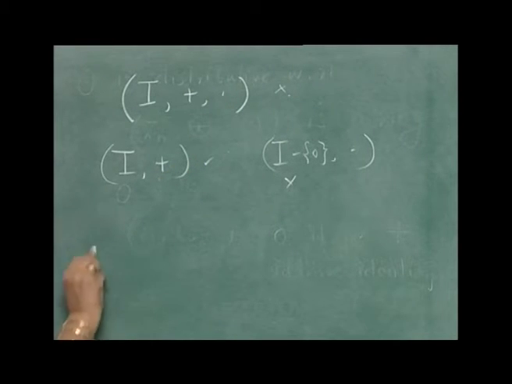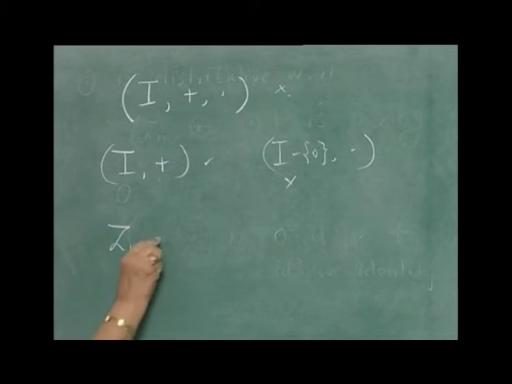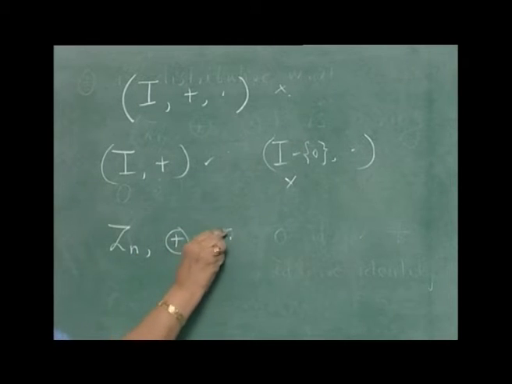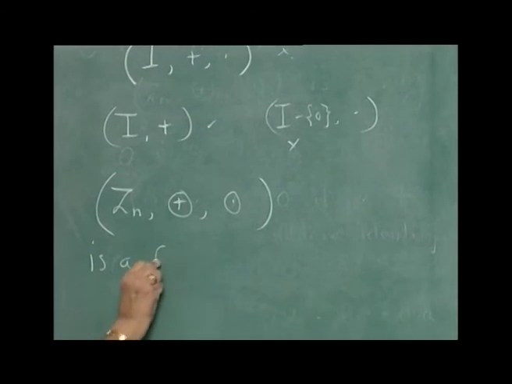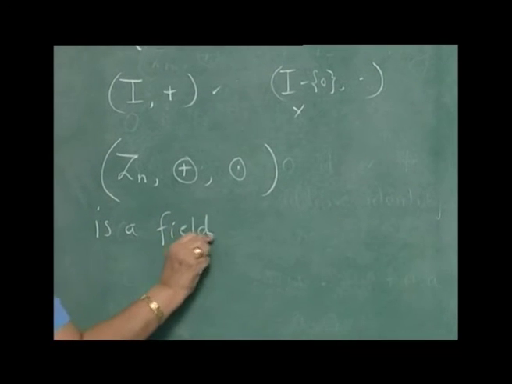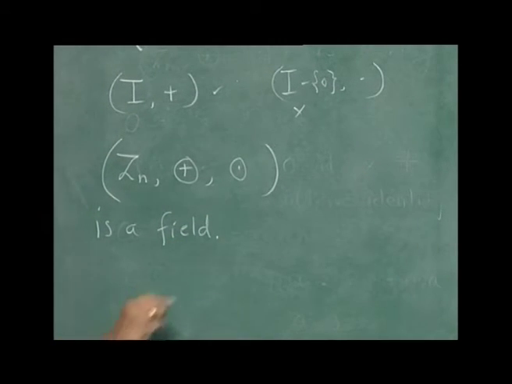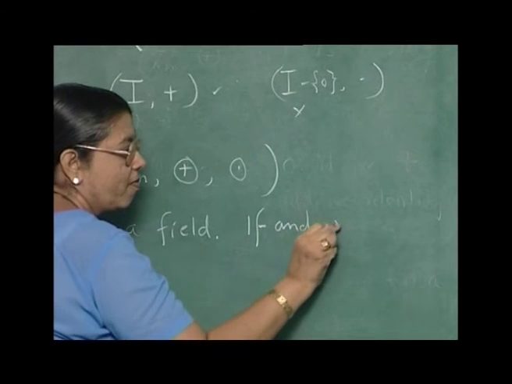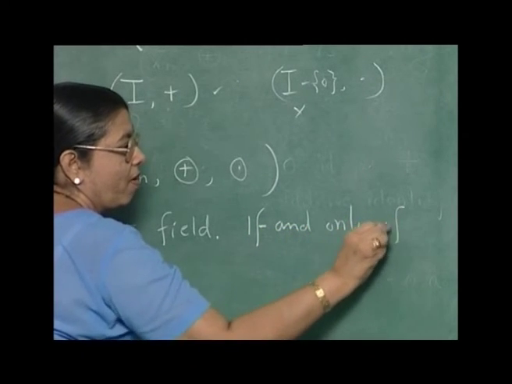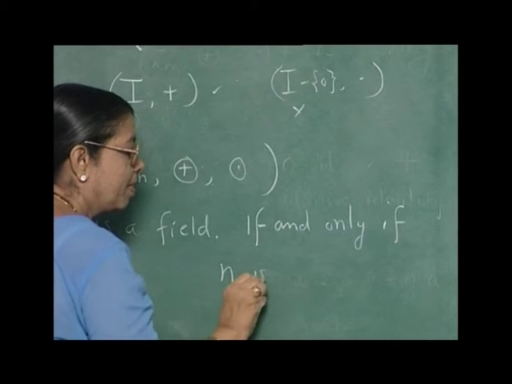Because of that, this is not a field, it is an integral domain, but not a field. Similarly, if you consider (Zn, +, ·), this is a field. You can check this. This is a field if and only if n is a prime.